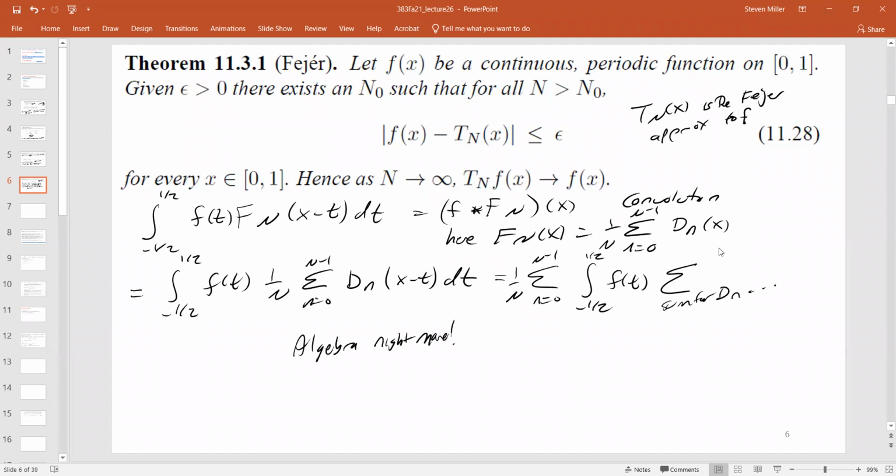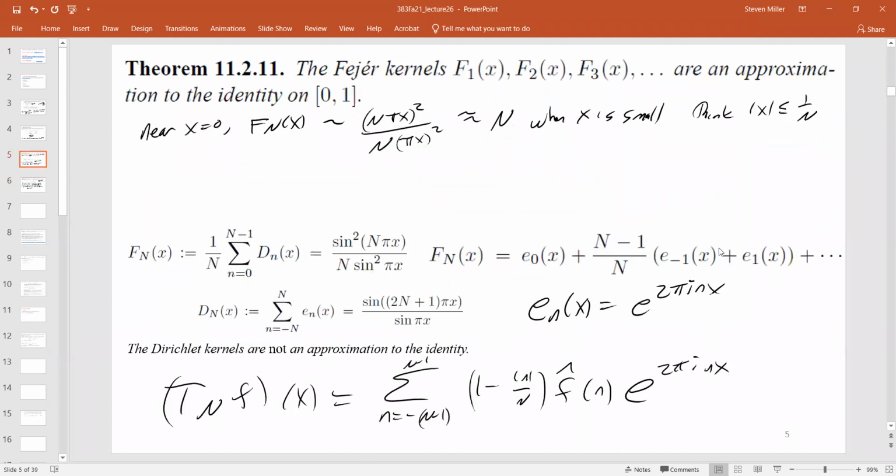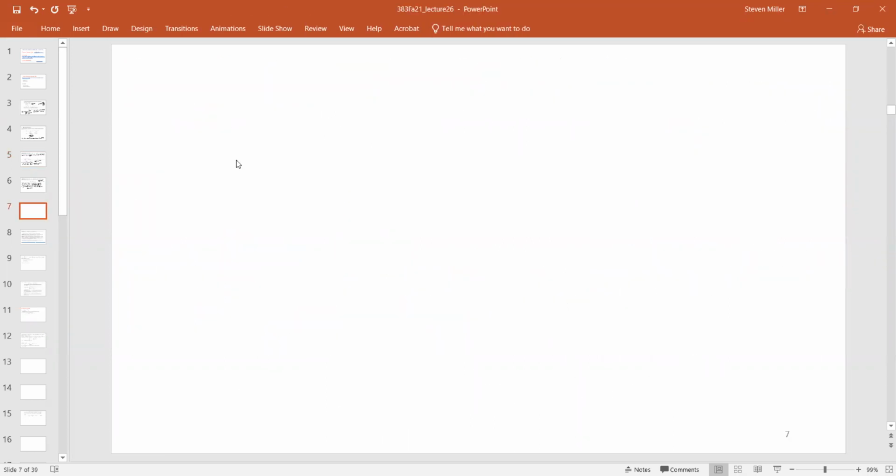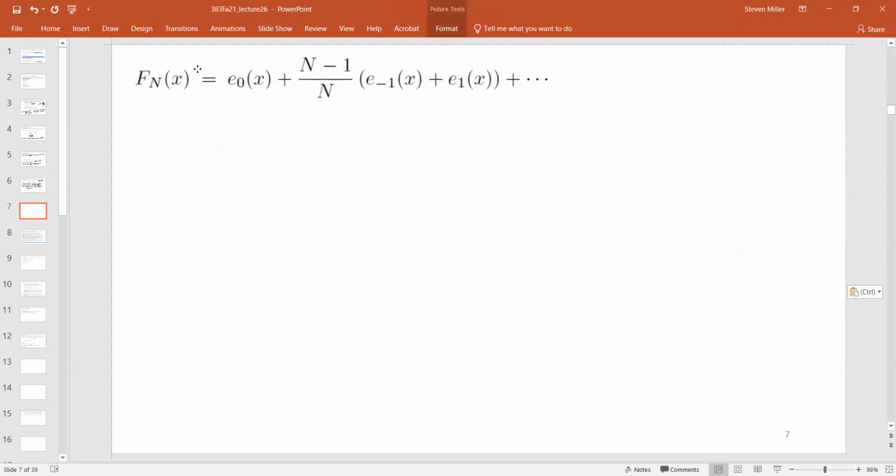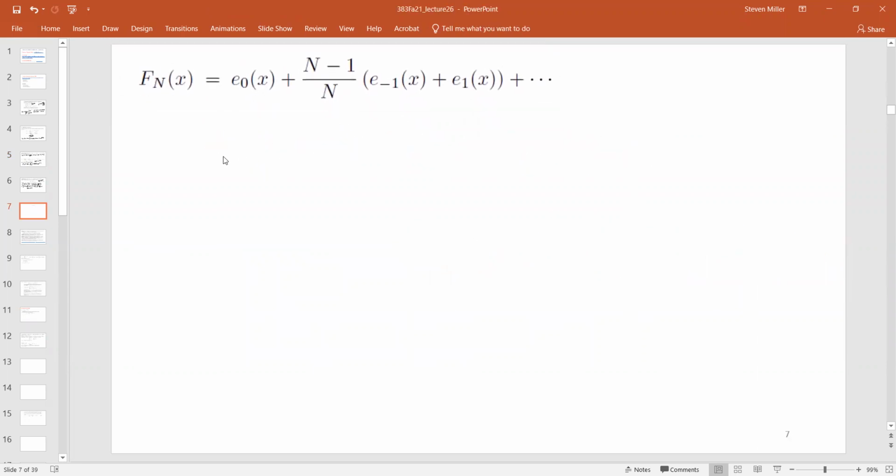Again, it's fine to start doing the calculation like this, but as we see what's going on, if I want to start working with it like this, it's just not a good idea. So let's revisit and say, well, look, we showed that the Fourier series has this nice expansion. So let's put that back over here. And let's go back to looking at f star Fn of x, which is the integral from minus a half to a half of f of t Fn of x minus t dt.